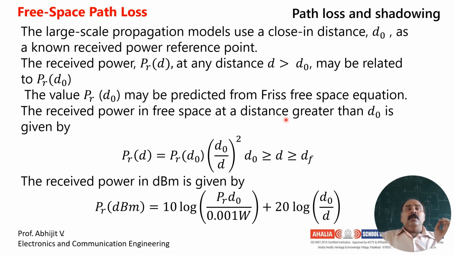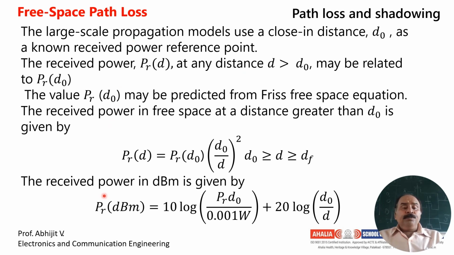PR, the received power, is equal to PT GT GR lambda squared divided by (4 pi) whole squared d squared. With d as the distance, we find the received power at a particular point. d naught is a reference point which we are creating for generating a large scale propagation model.